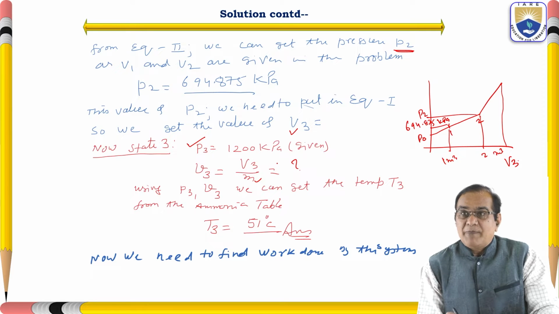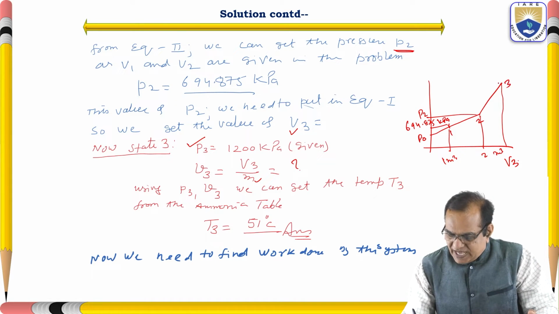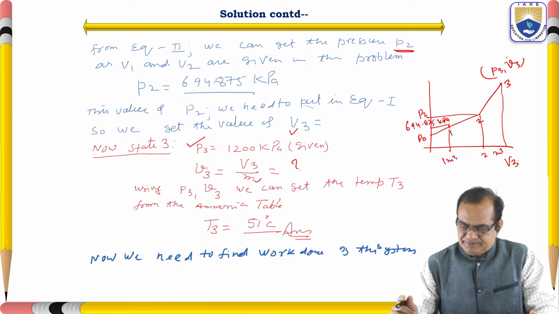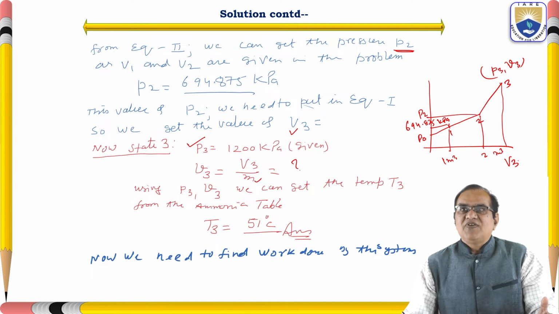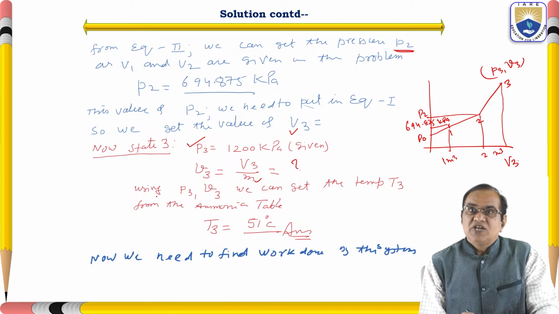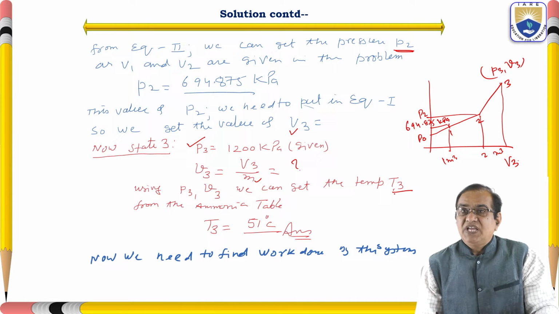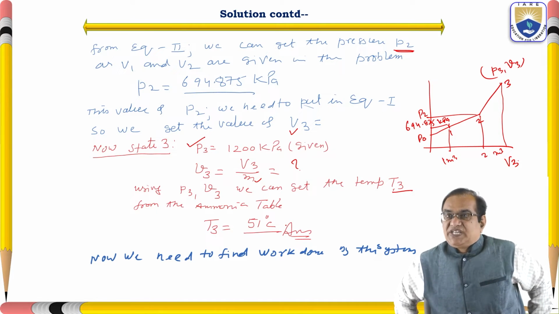We got two properties to locate point 3 here, P3 and V3. If you know these 2 points, by the table we can get the temperature. Using P3 and V3, we can get the temperature T3 from the ammonia table, and we got T3 equal to 51 degrees centigrade.